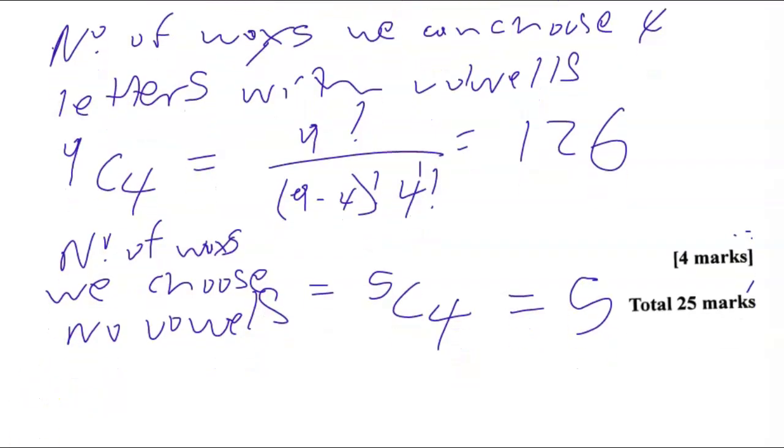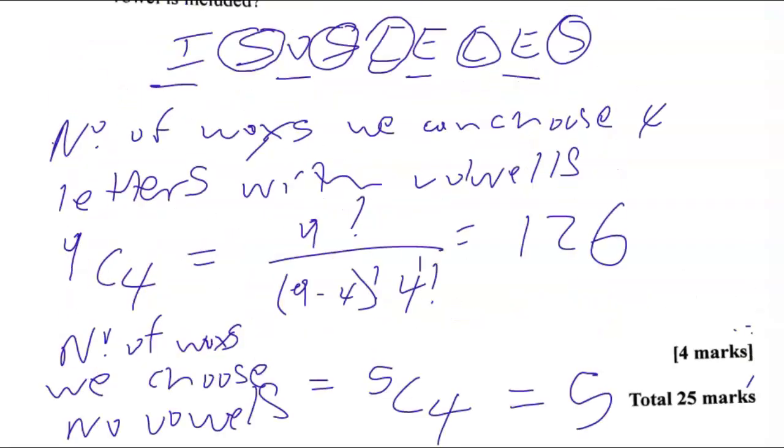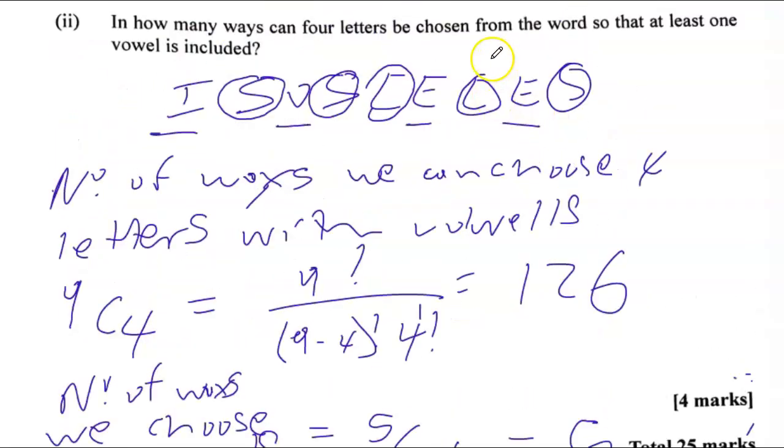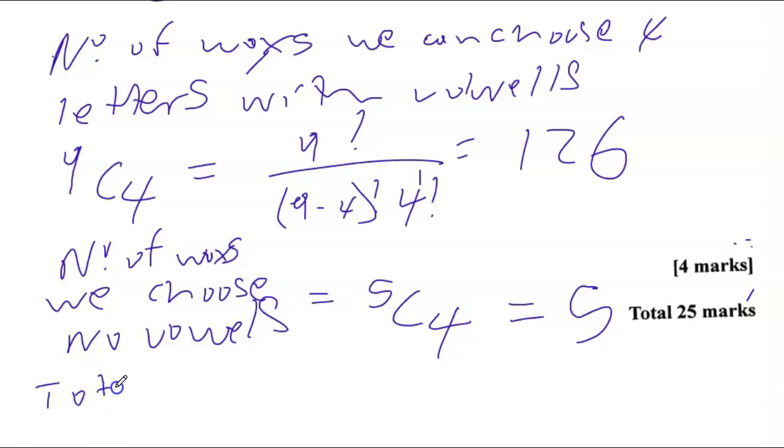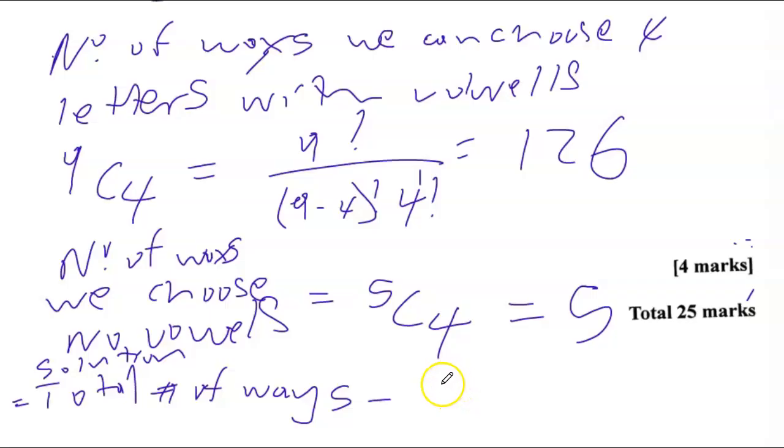So the answer to the question, to find the total number of ways 4 letters can be chosen from the word so that at least 1 vowel is included, will be the total number of ways minus the number of ways with no vowels.